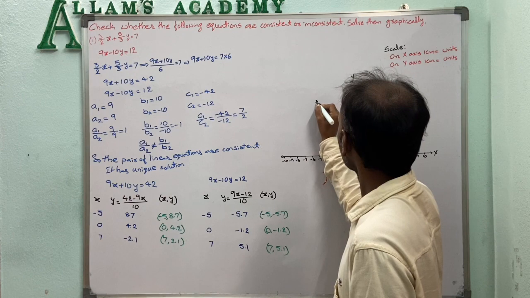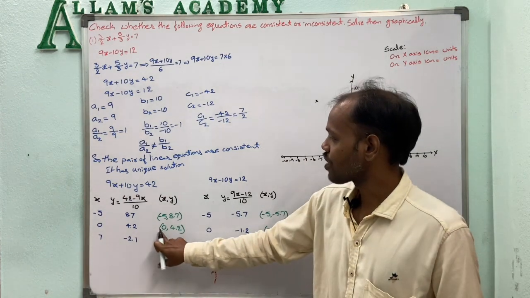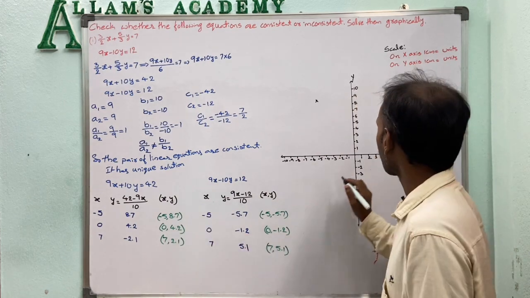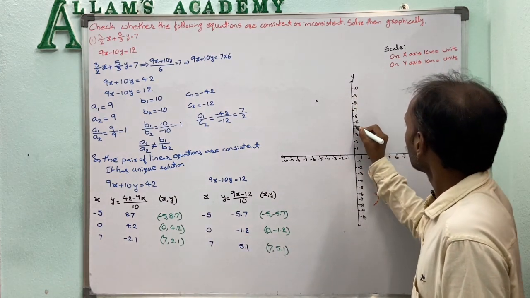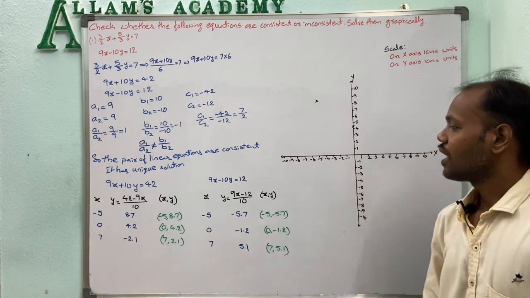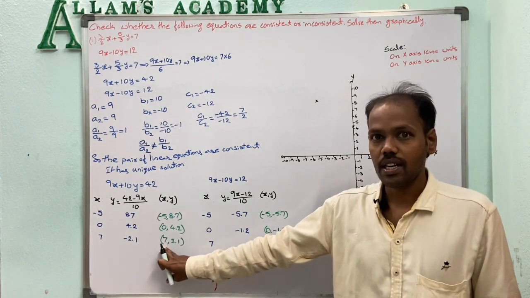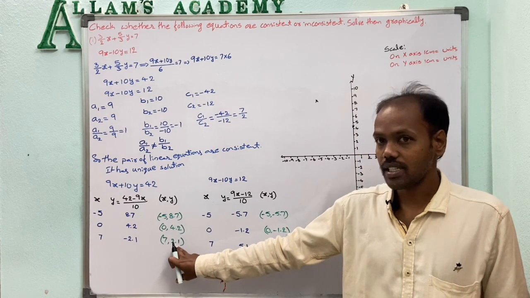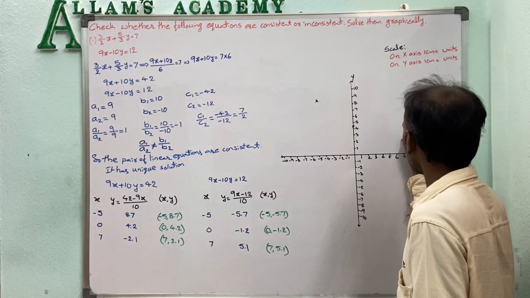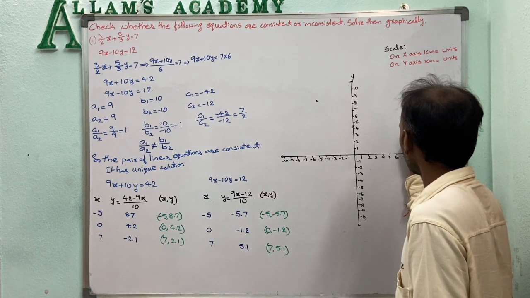For 0, the corresponding y coordinate is 4.2. Next, for 7, the corresponding y coordinate is 2.1.